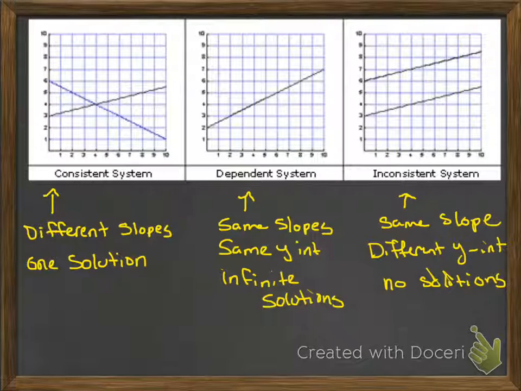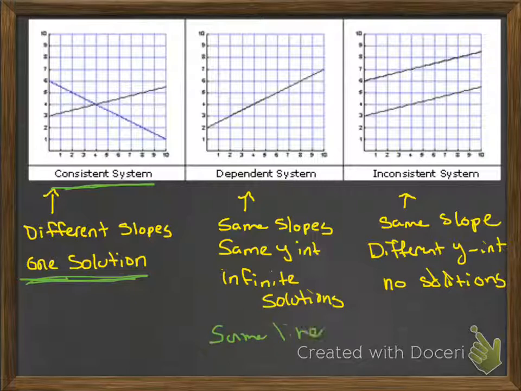Another piece of information you're going to need to know is consistent systems. Consistent systems have different slopes, so they have one solution. They could have the same y-intercepts, but they have different slopes, and they meet at one point. Dependent systems are the same line.